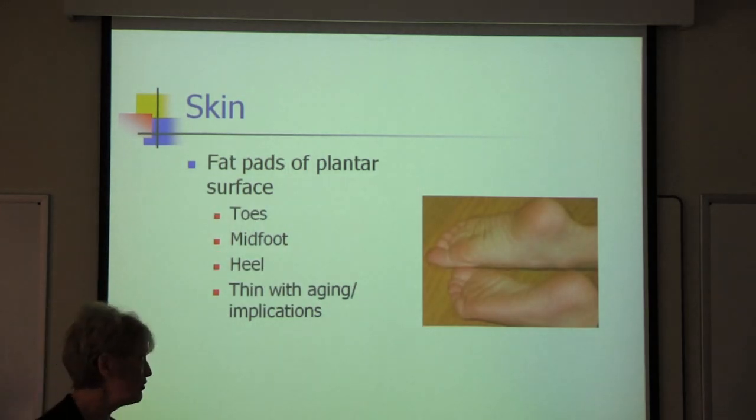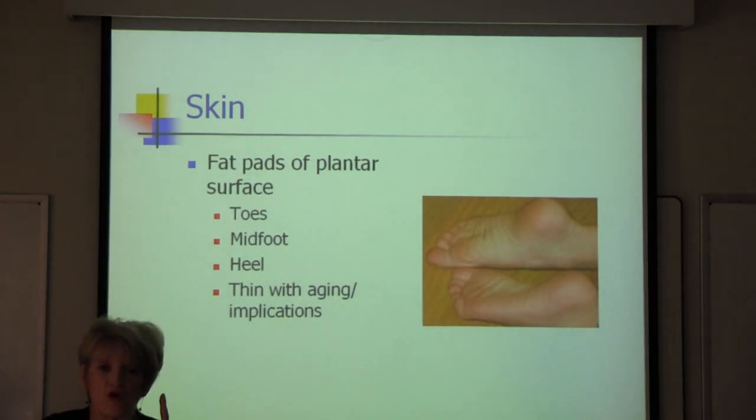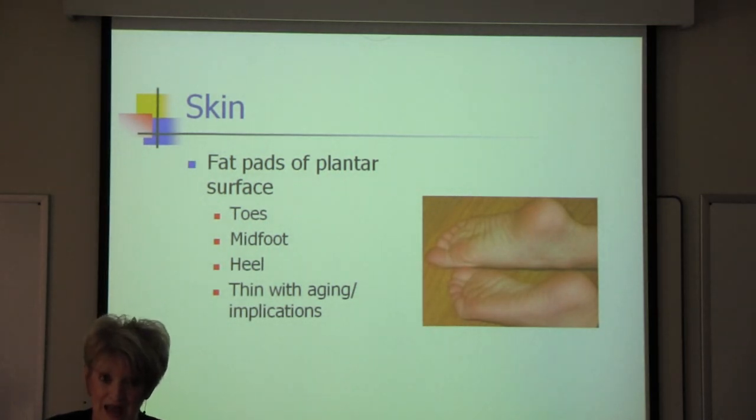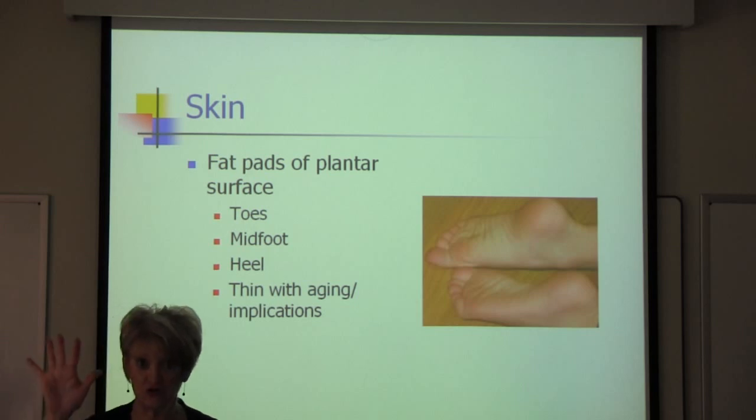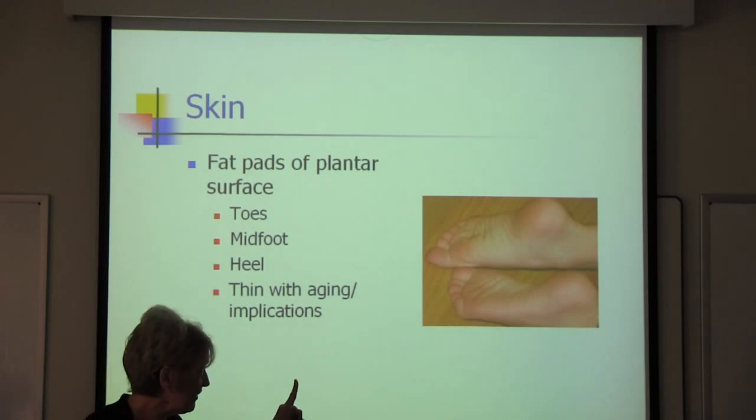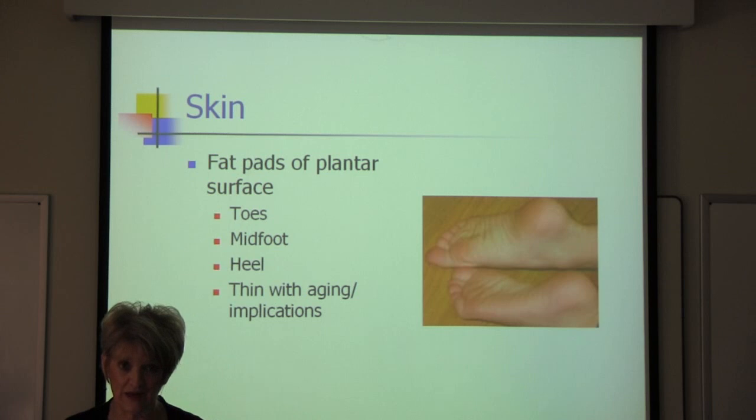So I want you to notice the normal areas where you have fat pads, and then I want you to compare that to the areas of the foot that come in contact with the walking surface when you're walking. So first you do heel strike, and the thickest fat pad is on the heel.